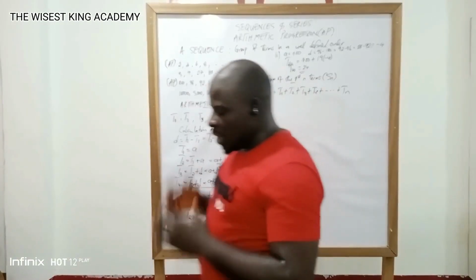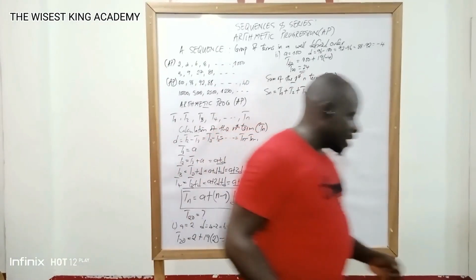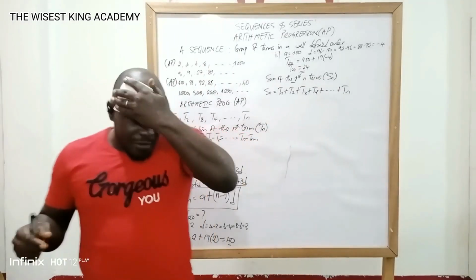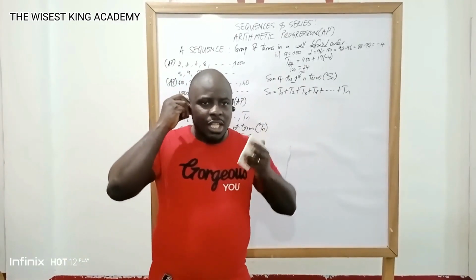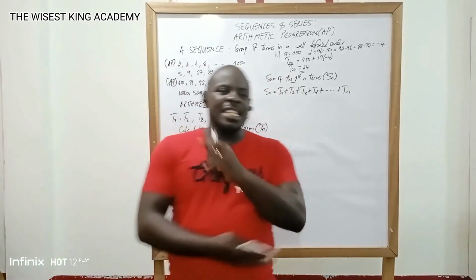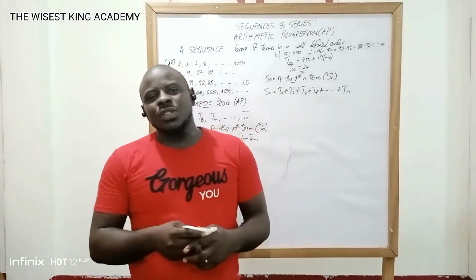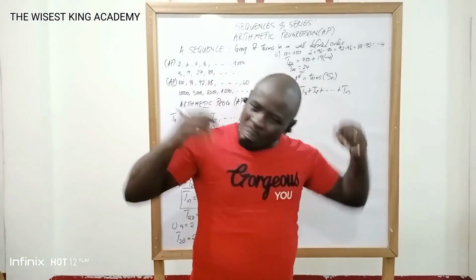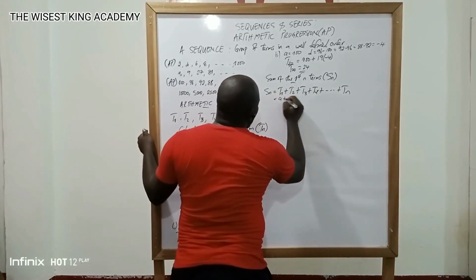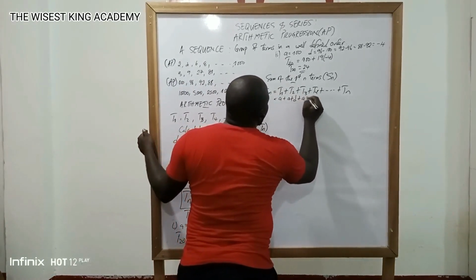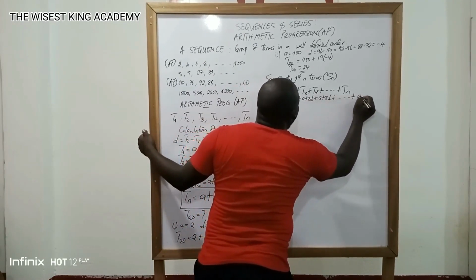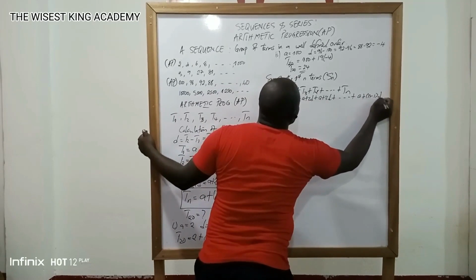T1 is A, T2 is A plus D, T3 is A plus 2D, T4 is A plus 3D, T5 is A plus 4D, T6 is A plus 5D, T10 is A plus 9D, T20 is A plus 19D, T50 is A plus 49D. Put this in your head. Don't forget this. If we expand this, we have A plus A plus D plus A plus 2D plus A plus 3D plus and so on, plus A plus n minus 1 D.